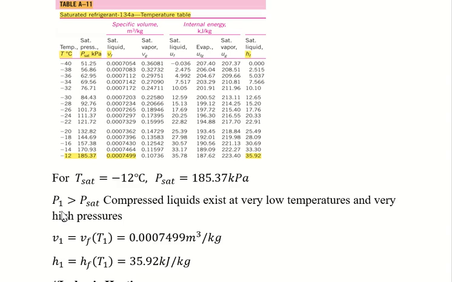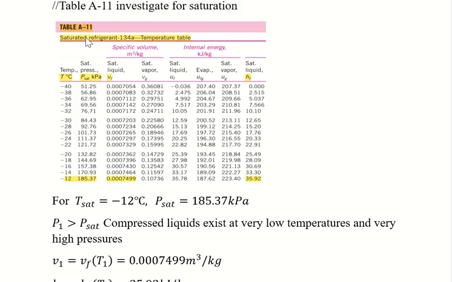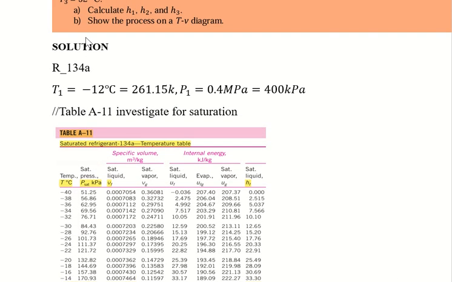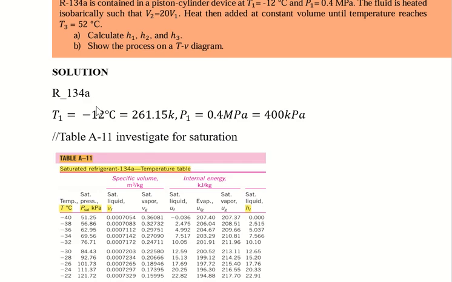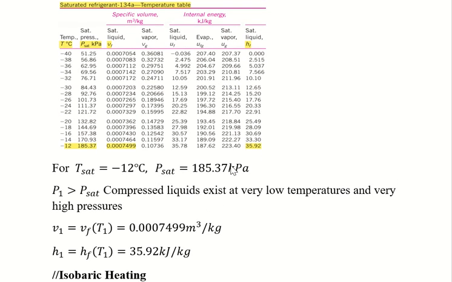From the properties of phases, compressed liquid, saturated mixture, and superheated vapor, we already know that only a compressed liquid will have a pressure greater than the saturation pressure at a specific temperature. And that way we already know that this refrigerant at state 1, when its temperature is negative 12 and pressure is 400 kilopascals, is a compressed liquid.